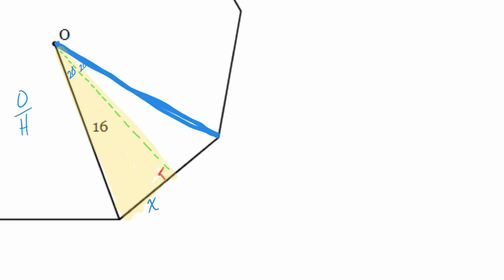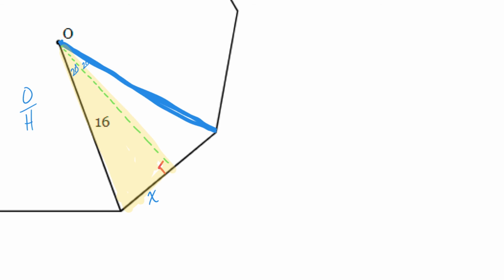So if we think about that, the trig ratio that involves opposite and hypotenuse is sine. So sine of 20 degrees equals our opposite over our hypotenuse, which is 16. We then have to multiply times 16 to both sides.